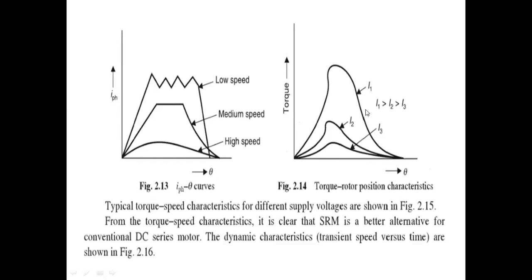This is for I1 and I2, and this is for I3. That is, when the load on that particular motor increases, there is a difference between the characteristics, with respect to the load changes on the switched reluctance motors.